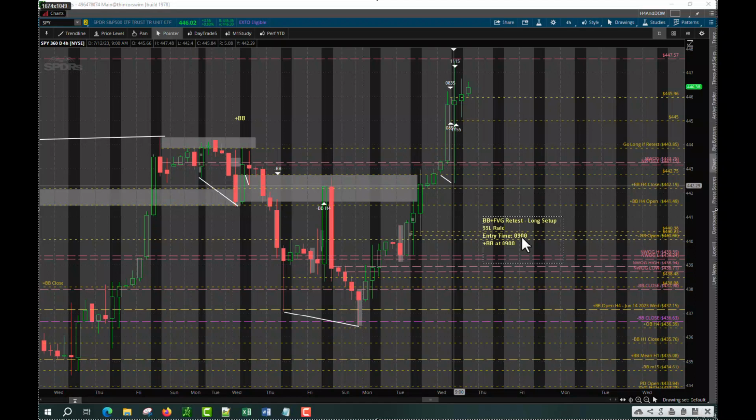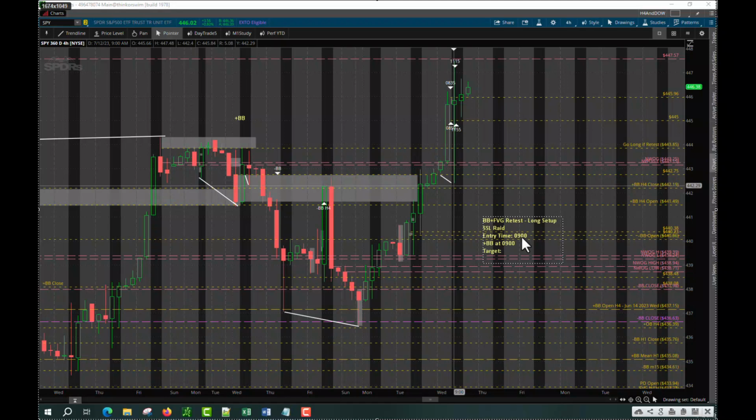And where's our target? We don't know the target. How do we come up with the targets? We have to fix the targets. It's just for a $1 move right now.